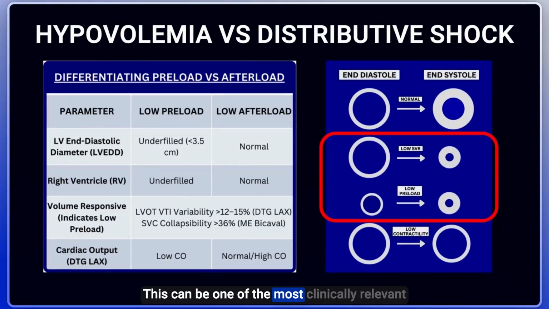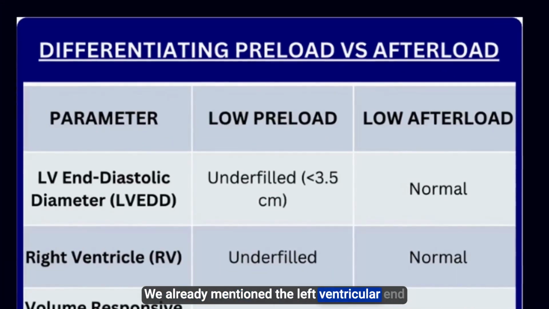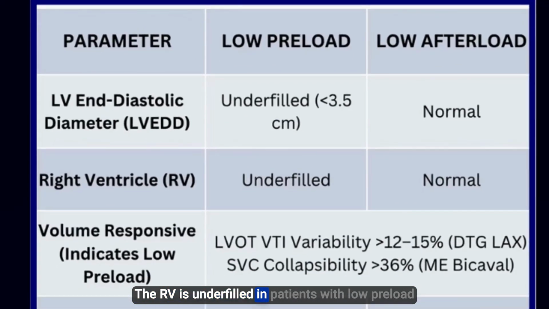This can be one of the most clinically relevant slides here, is how to actually differentiate hypovolemia from distributive shock. We already mentioned the left ventricular end diastolic diameter being less than 3.5 centimeters and underfilled if there's a deficit in preload, but being normal in patients with low afterload. The RV is underfilled in patients with low preload because there's less volume in the body, whereas patients with low afterload can have normal RV size.